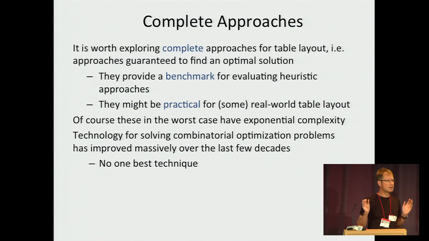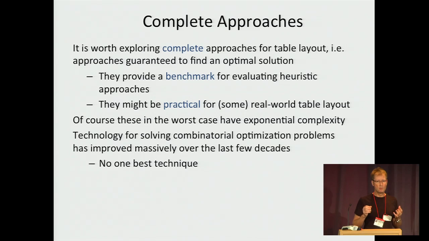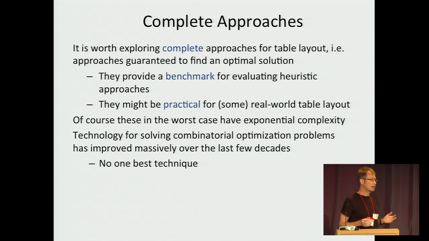Now, of course, any complete approach is going to have, in the worst case, exponential complexity. But as computer scientists, we don't need to be scared anymore, or necessarily scared, by NP hardness and exponential complexity, because in the last decade, combinatorial optimisation algorithms have improved enormously.